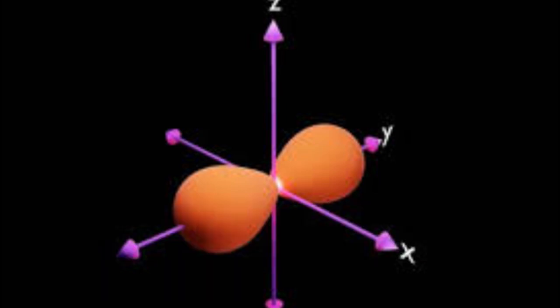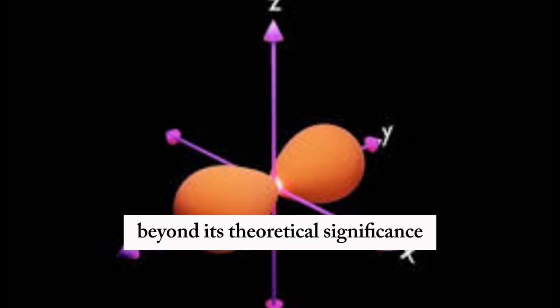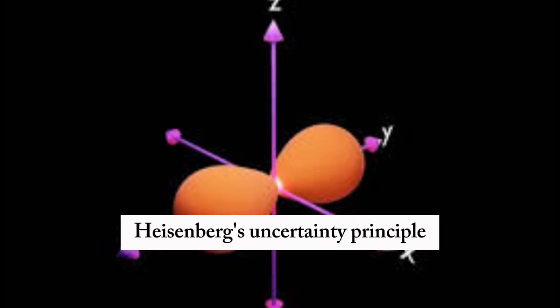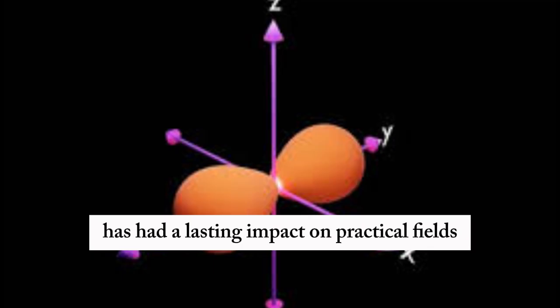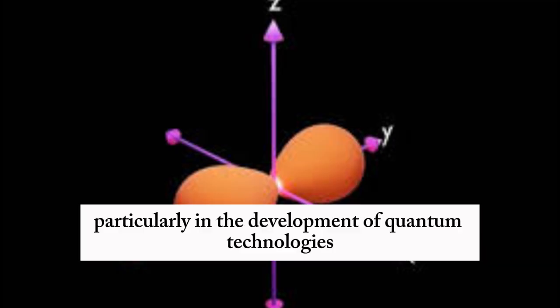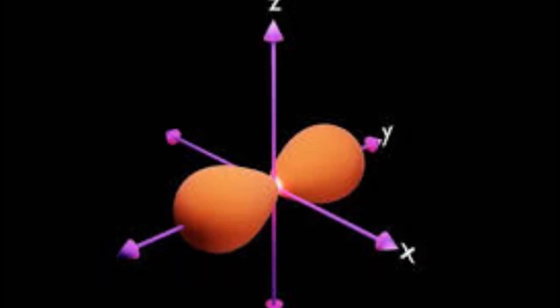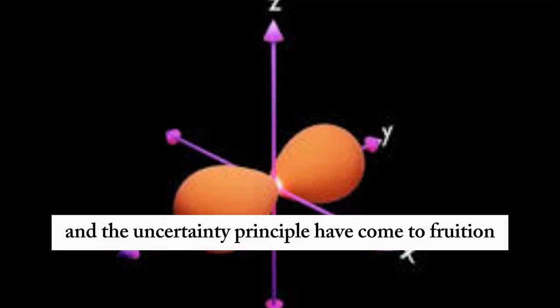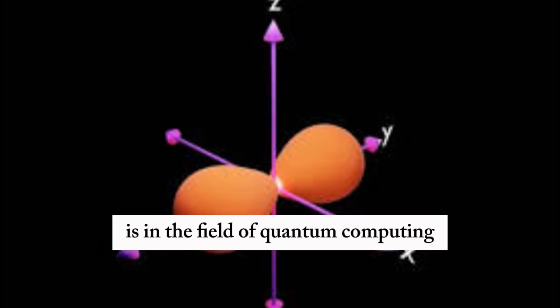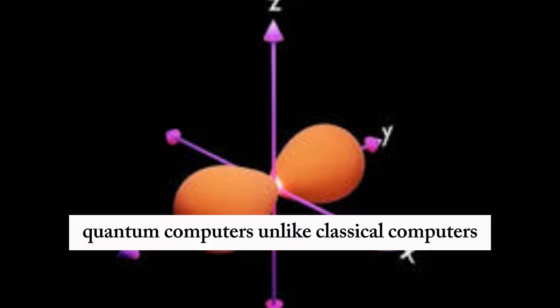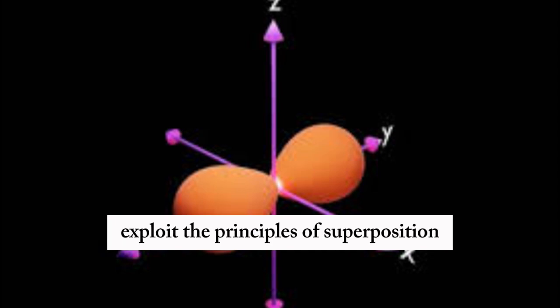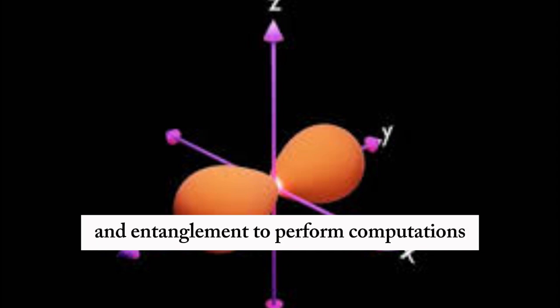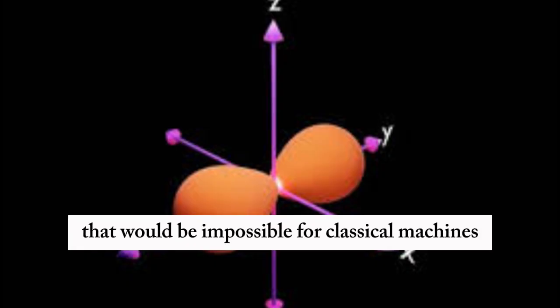The uncertainty principle helped solidify this view, as it was clear that it was not possible to simultaneously measure both aspects with precision. Beyond its theoretical significance, Heisenberg's uncertainty principle has had a lasting impact on practical fields, particularly in the development of quantum technologies. One of the most exciting areas where quantum mechanics and the uncertainty principle have come to fruition is in the field of quantum computing. Quantum computers, unlike classical computers, exploit the principles of superposition and entanglement to perform computations that would be impossible for classical machines.